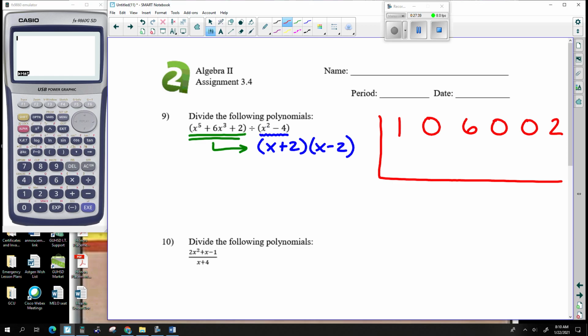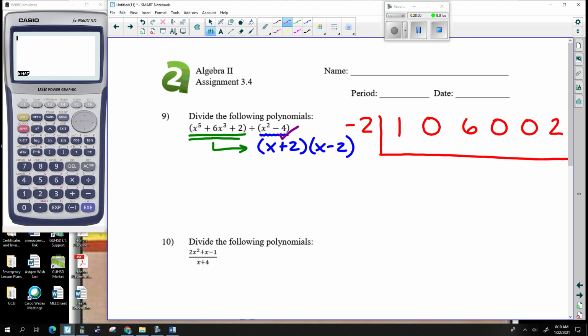Now, what I'm going to be dividing by, I'll just choose this first one first, this x plus 2. That means the first number that I'm going to be using is negative 2. I'll write this a little bit smaller. It's going to be more work than the average problem.